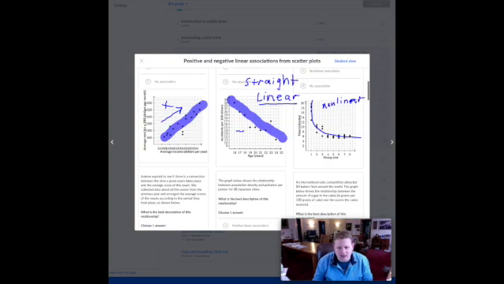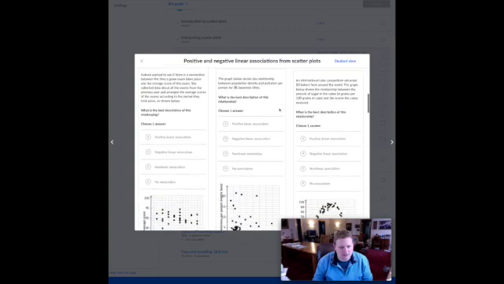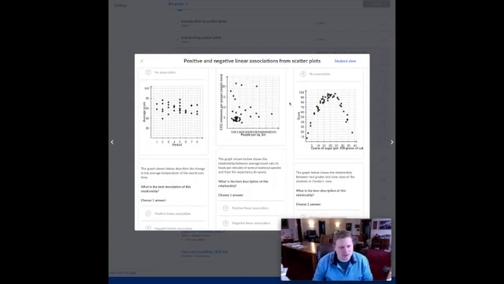The only time that you're going to click no association, let's see if we can find one. One of these three has no association. It's not this one. This one is nonlinear. What goes up must come down. So that's nonlinear. This one's linear. It's actually probably horizontal, and that has an association.